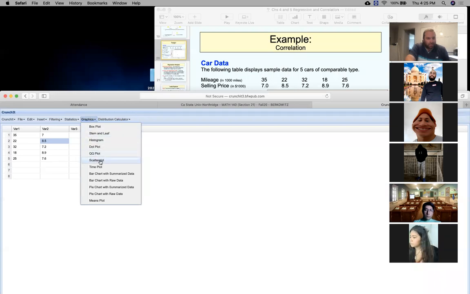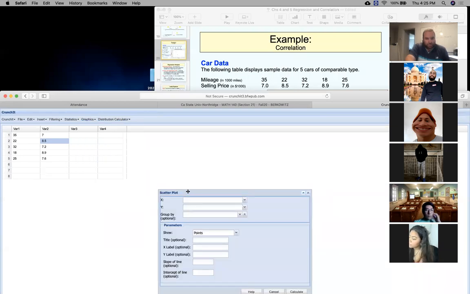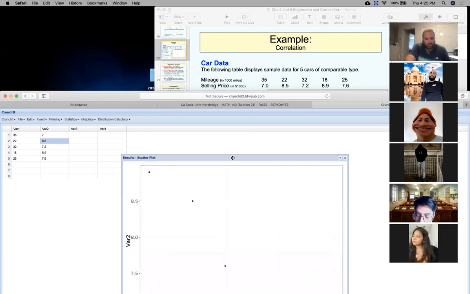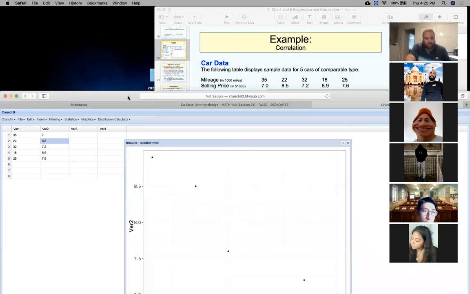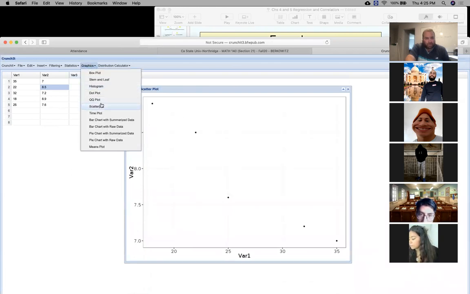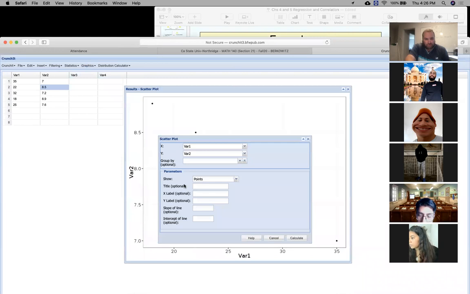Let's see. It's not going to be a distribution. Scatter plots. So let's try scatter plots. X is variable 1, y is variable 2. Let's see what pops up here. Here's my scatter plot, but there's no information there. Is there a way to add stuff?